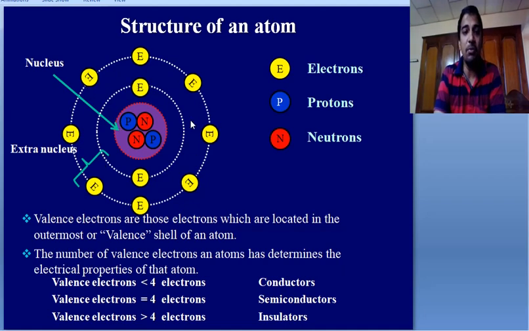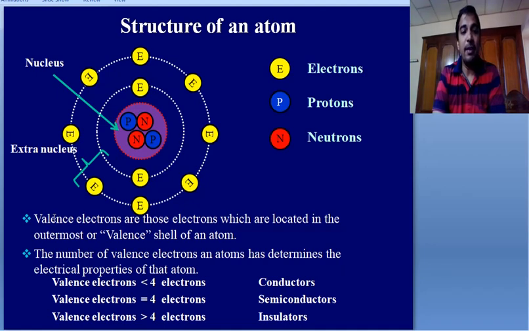In the outermost orbit we have valence electrons, meaning the electrons occupying the outermost orbit. These electrons and protons have attraction. An atom is stable when the attraction force is at the maximum level, right?